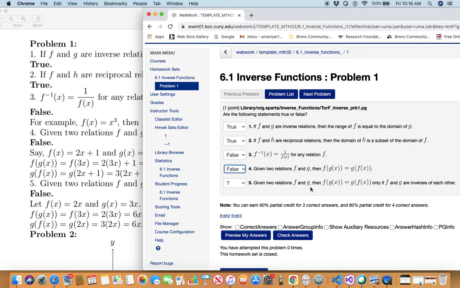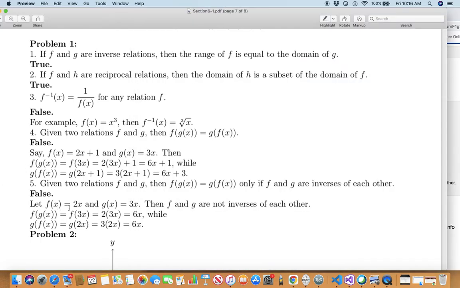Given two relations f and g, f of g of x equals g of f of x if and only if f and g are inverses. That's false. If f(x) is 2x and g(x) is 3x, then they are not inverses of each other, right? Whereas f of g(x) is 6x, g of f(x) is 6x.